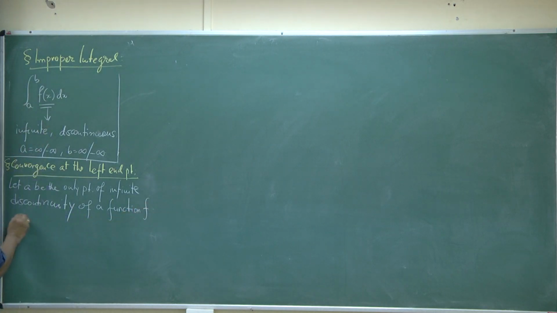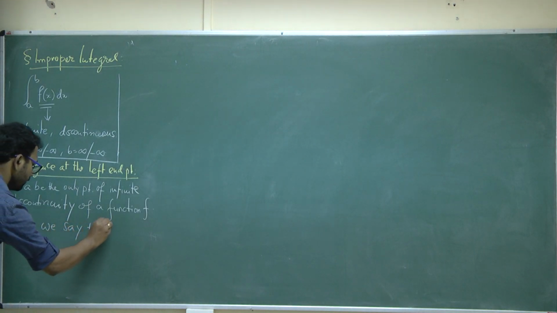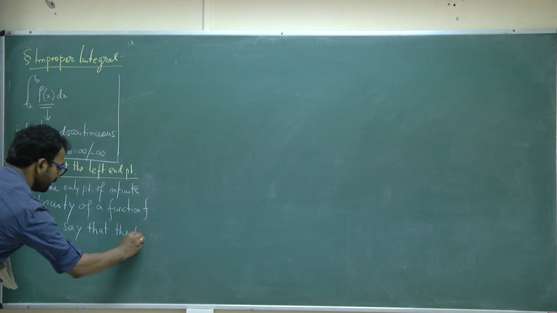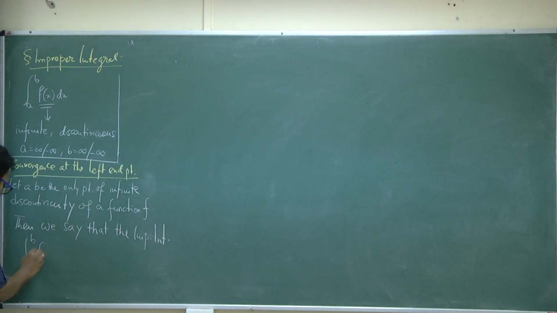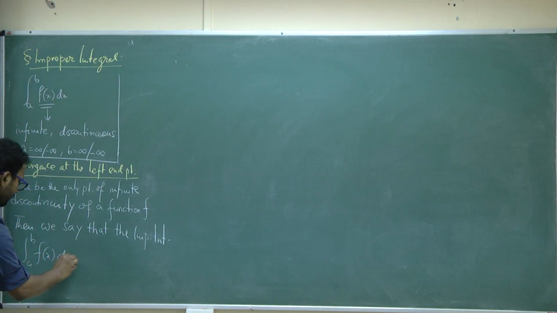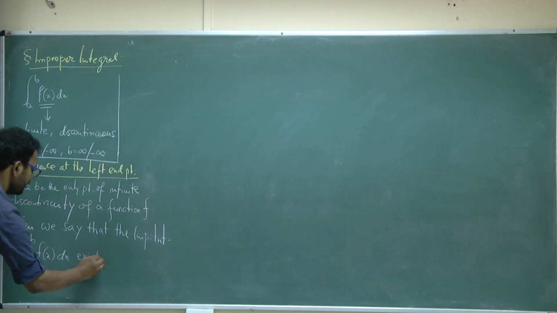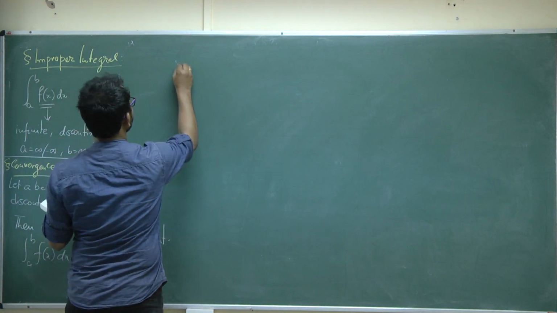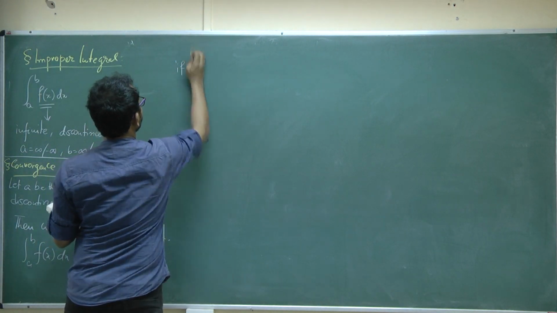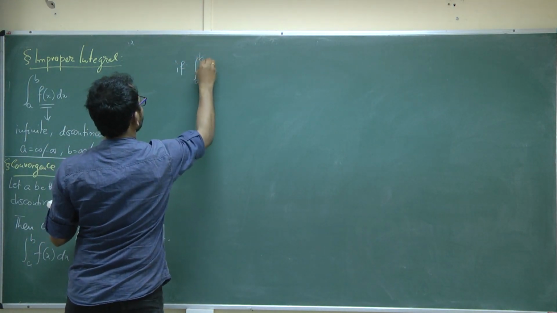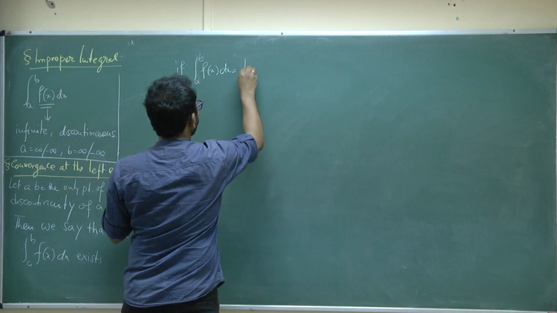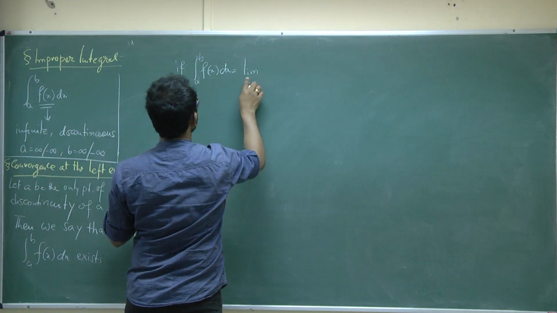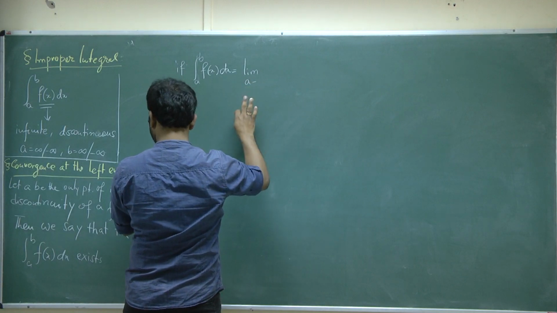then we say that the improper integral from a to b of f(x) dx exists if we have the integral from a to b of f(x) dx equal to, the trick is to add a little bit of epsilon, that means to go away from that point of discontinuity.